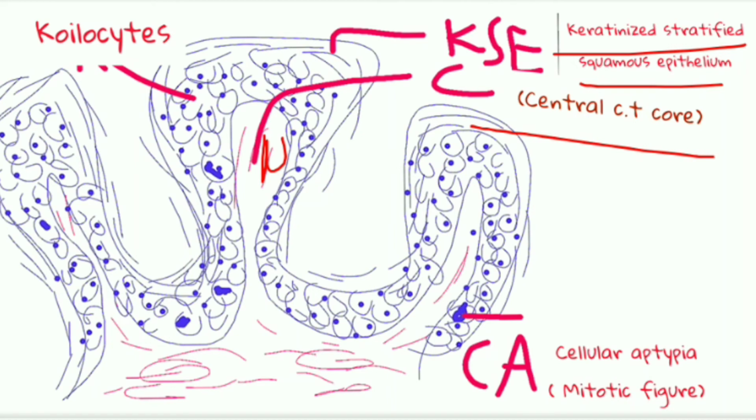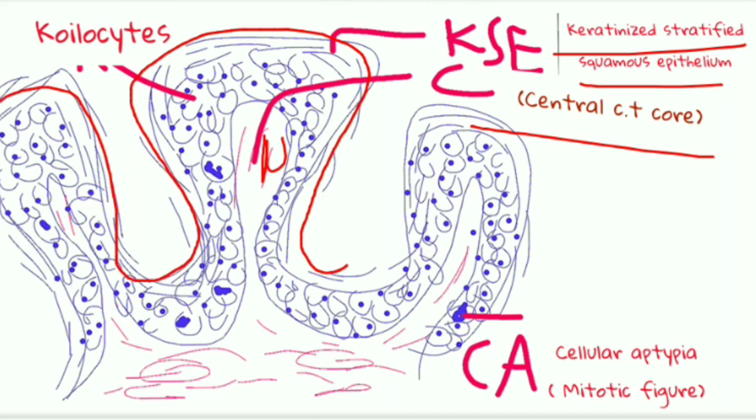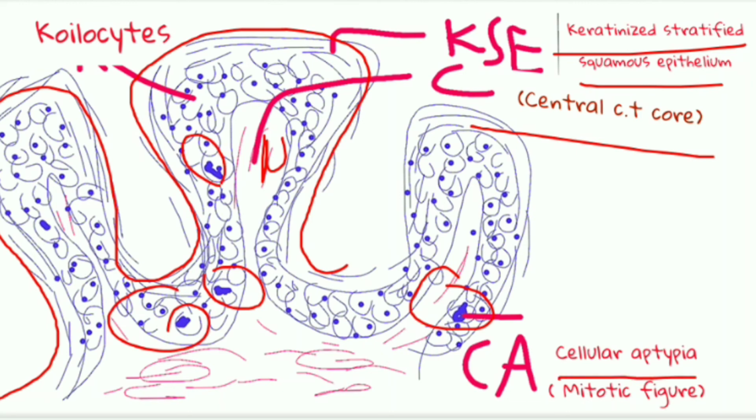As you can appreciate, these are all finger-like projections of the epithelial masses. And as you can see, hyperchromatism of cells is seen in between, here, here and here. These are nothing but cellular atypia, that is, mitotic figures can be seen, and all these cells present in the epithelium are nothing but koilocytes, that is, HPV altered epithelial cells.